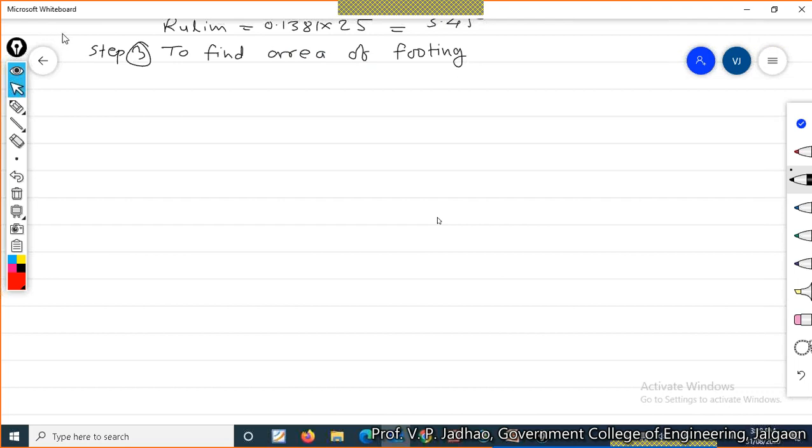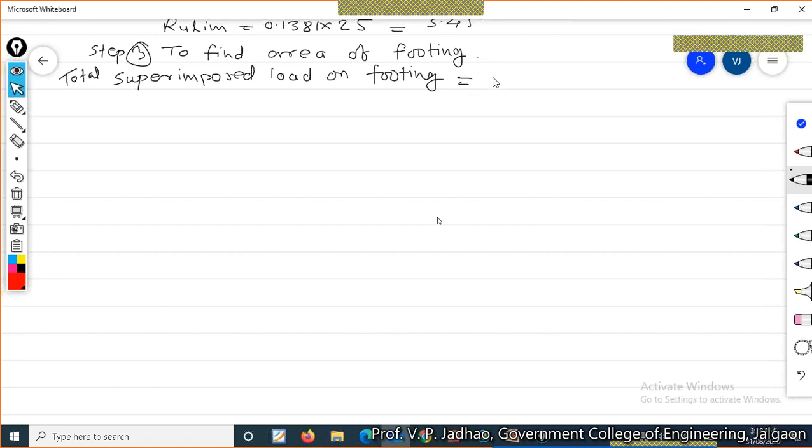Now the total load, or superimposed load, on this particular footing is equal to W1 plus W2.